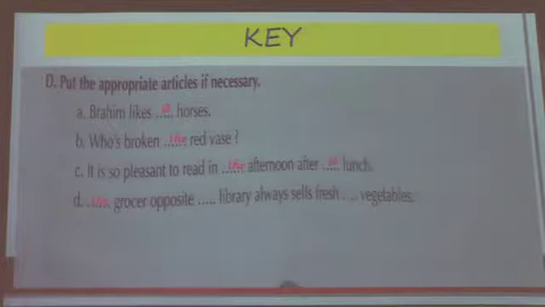The grocer opposite what? Then the library here is known, which means we know which library we are talking about. The grocer opposite the library always sells fresh vegetables. We are talking about vegetables in general, so it's zero article.